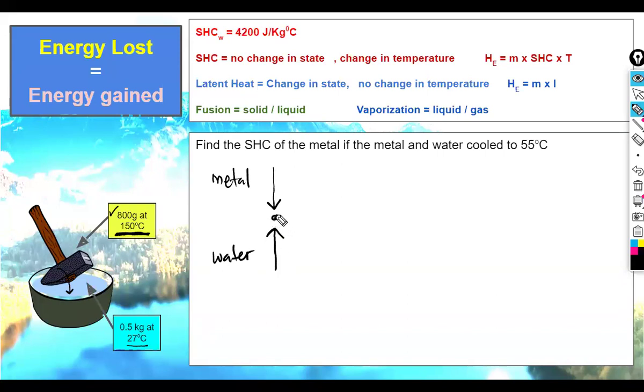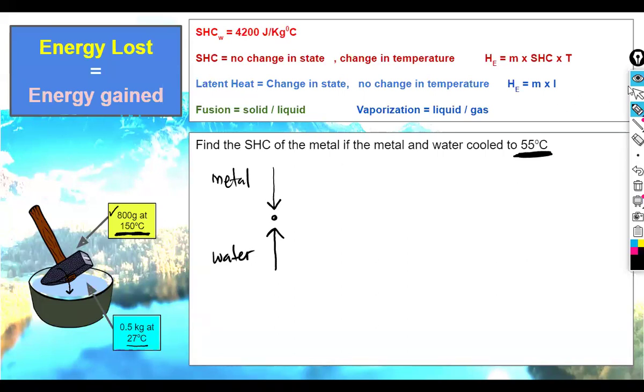And the two of them will meet at a common point. After a while, the metal and the water will reach what we call an equilibrium temperature. Both of them will meet at a common temperature. And that common temperature in today's question is 55 degrees Celsius.